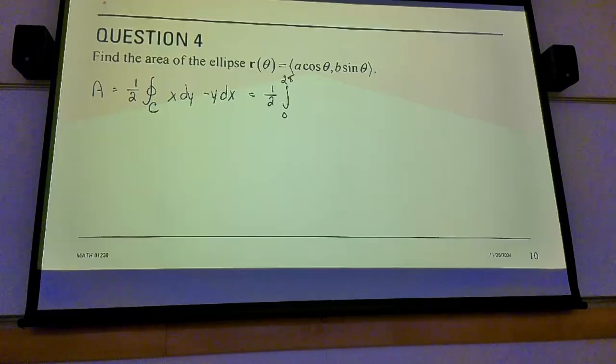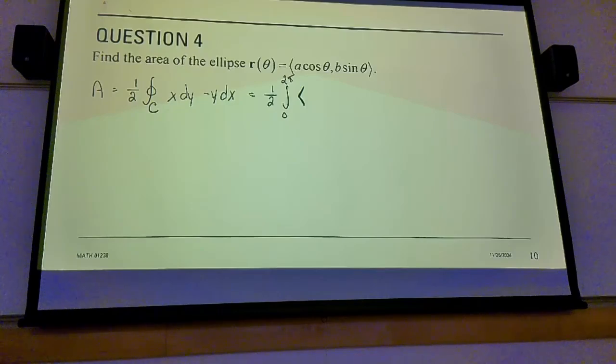Let's have enough of the nonsense. The vector field evaluated along the curve. So negative a sine theta, comma, b cosine theta.